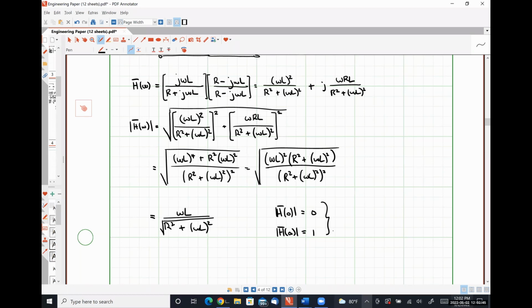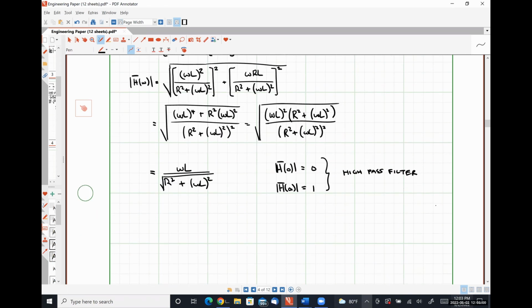And so we can see that this is a high pass filter. All right, so how do we make this look like 1 over square root of 2?